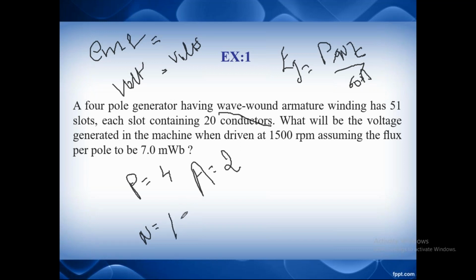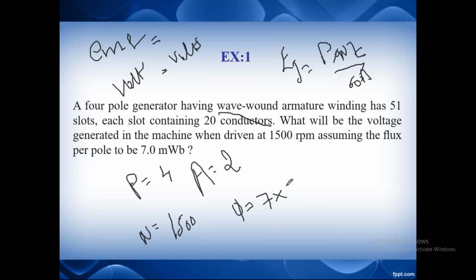The N value is 1500 RPM. Okay, now next, what is the value of flux phi? It is 7, in the form of milliweber. How can we convert it into webers?